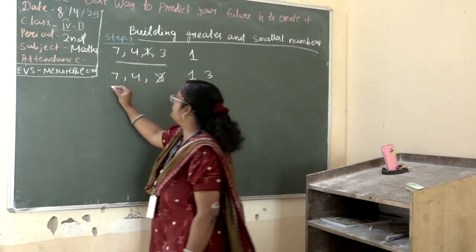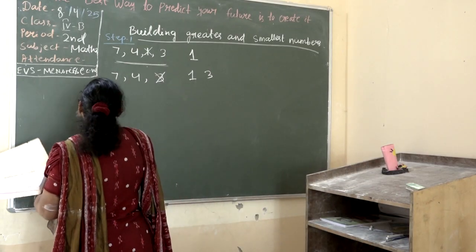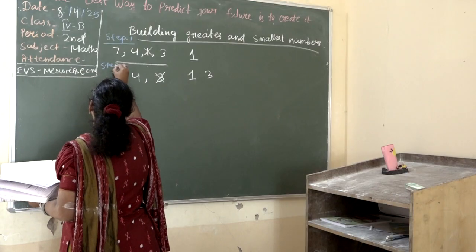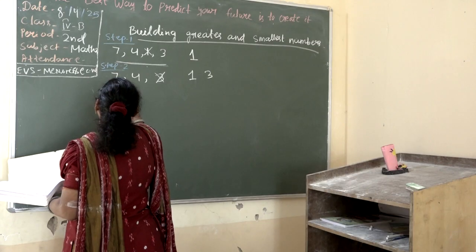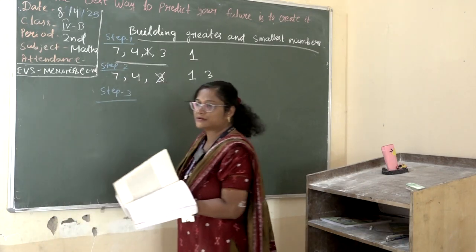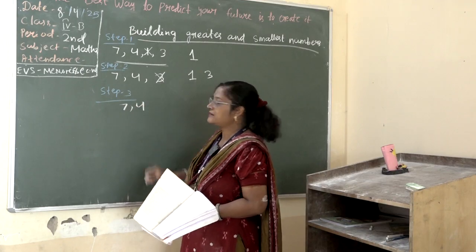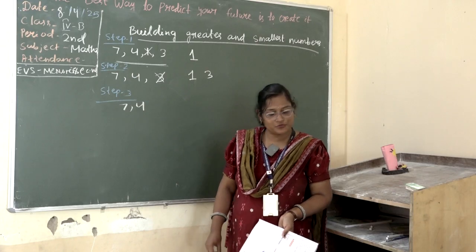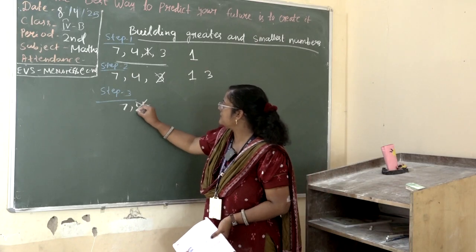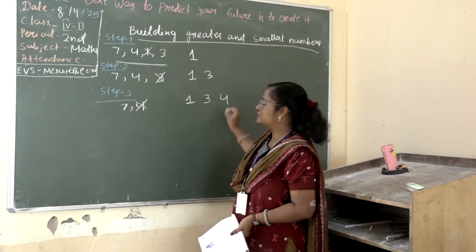This is step 2, now step 3. How many numbers are remaining here? 2. So what are the numbers? 7, 4. Which is the smallest here? 4. Then you cross 4 and write here 1, 3, 4.